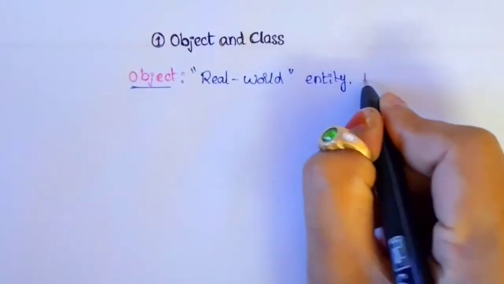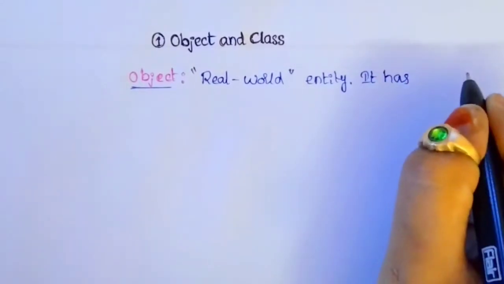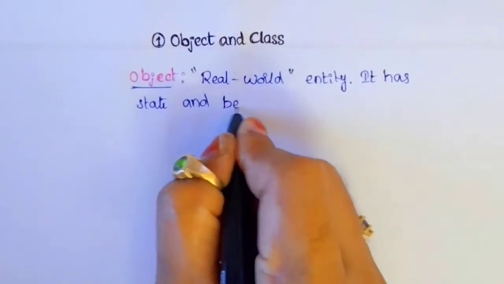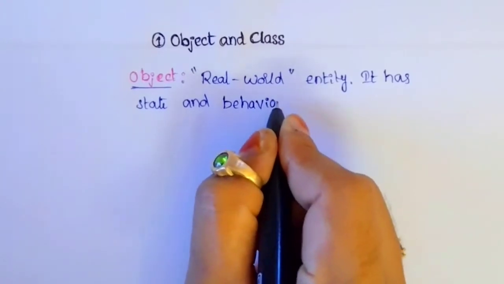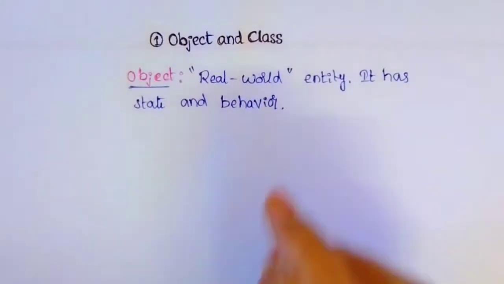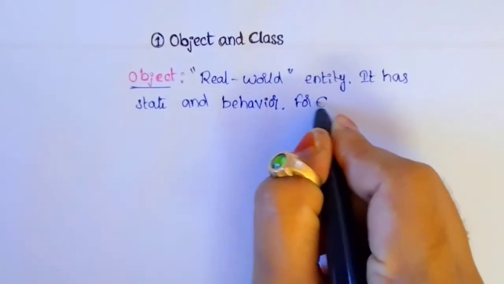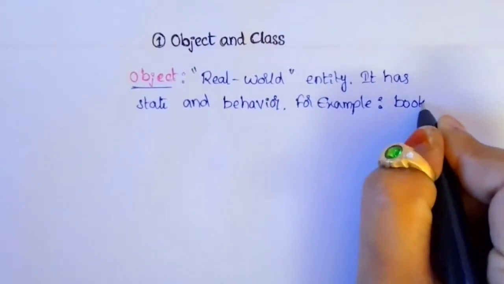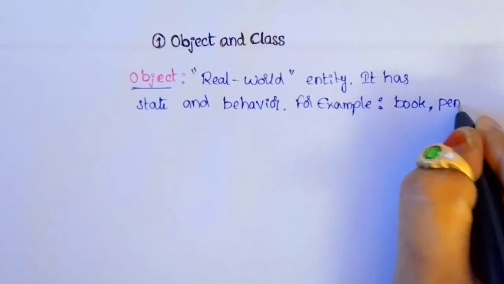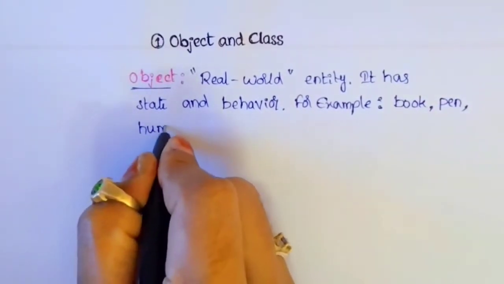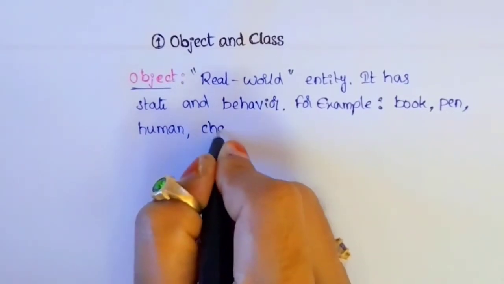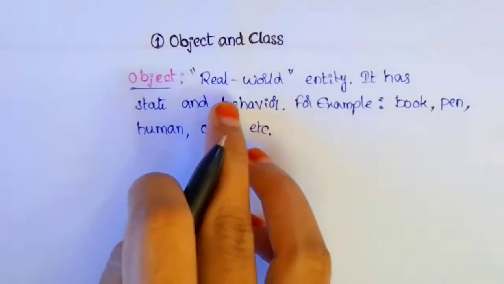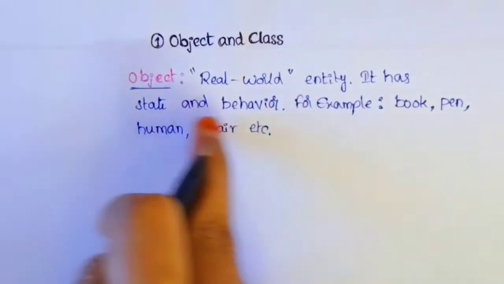It has state and behavior. For example, book, pen, human, chair, etc.